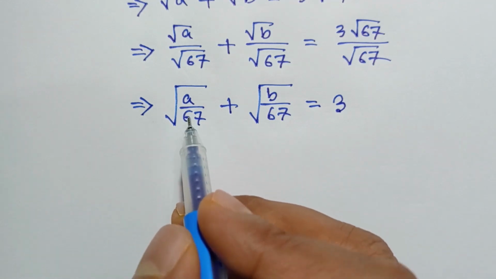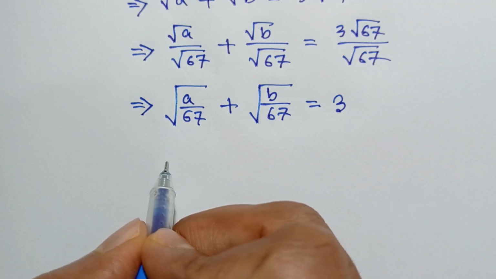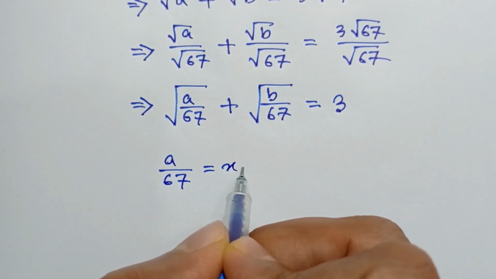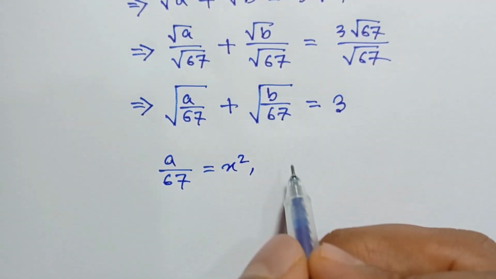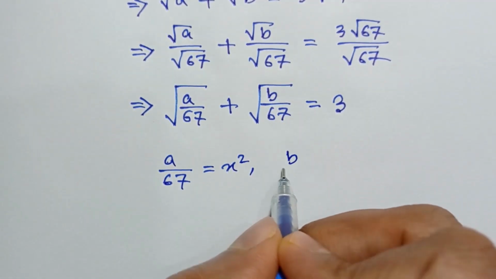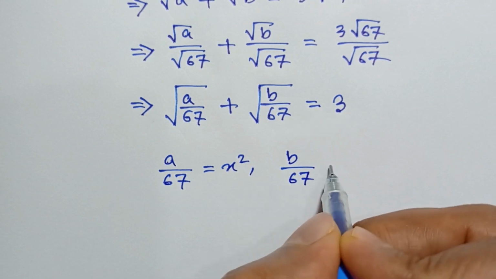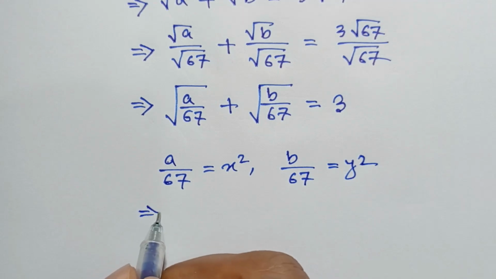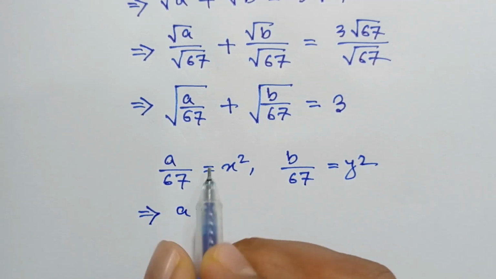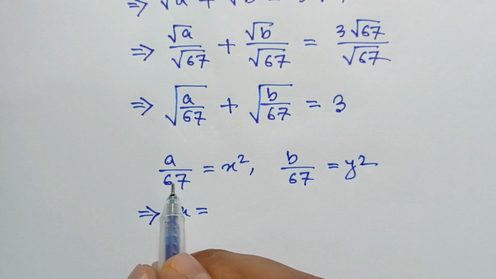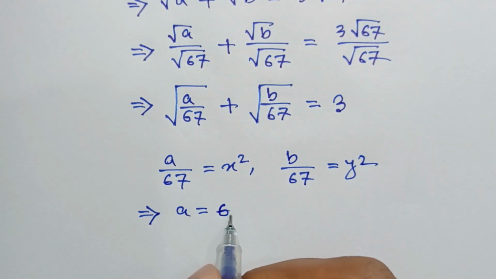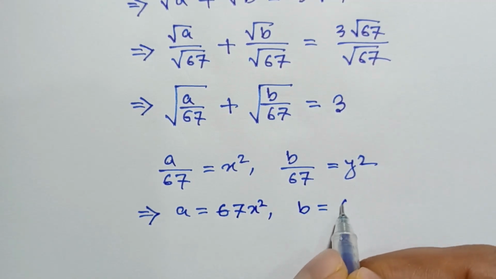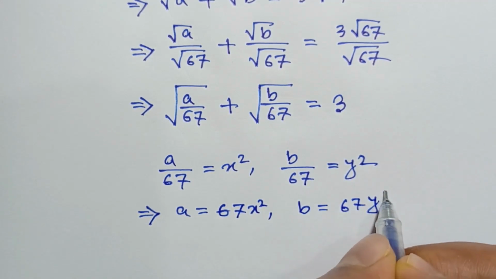So let's consider a over 67 is equal to x square and b over 67 is equal to y square. Multiplying both sides by 67, we get a is equal to 67x square. Similarly, b is equal to 67y square.